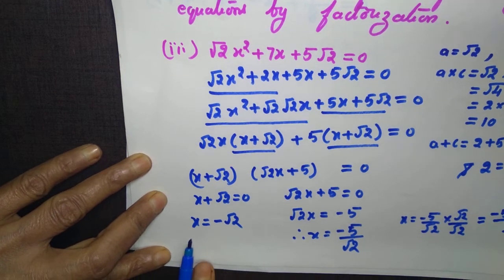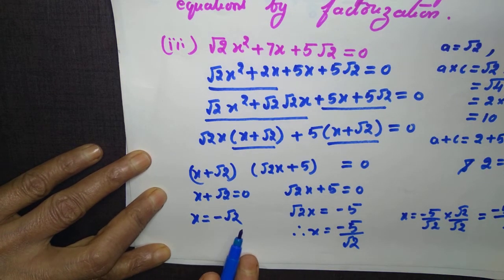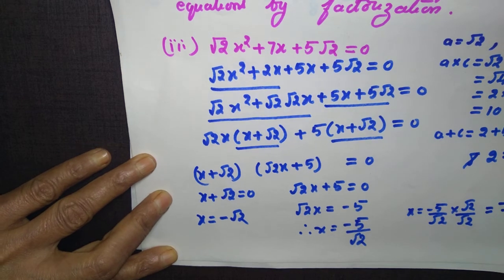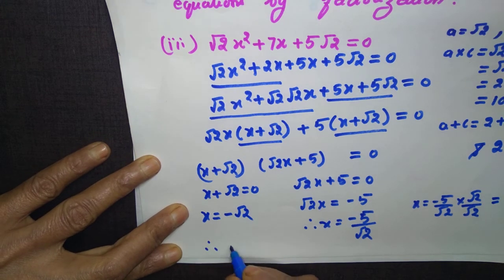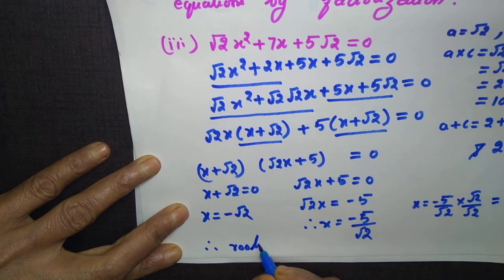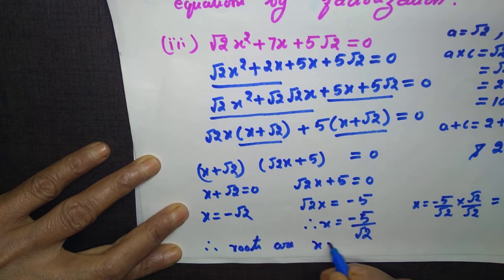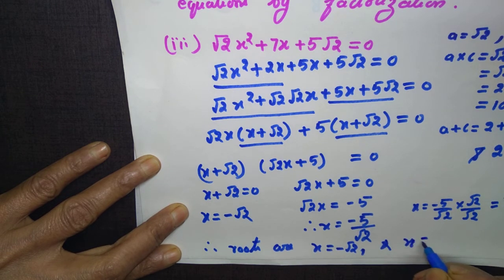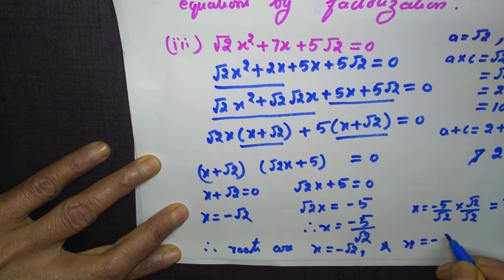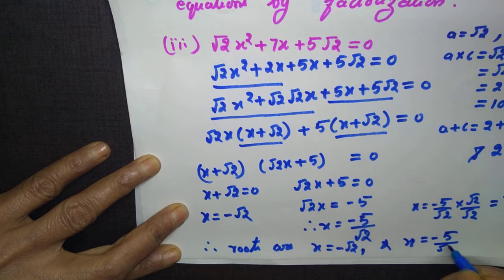What are the roots here? x is equal to minus root 2 and x is equal to minus 5 by root 2.